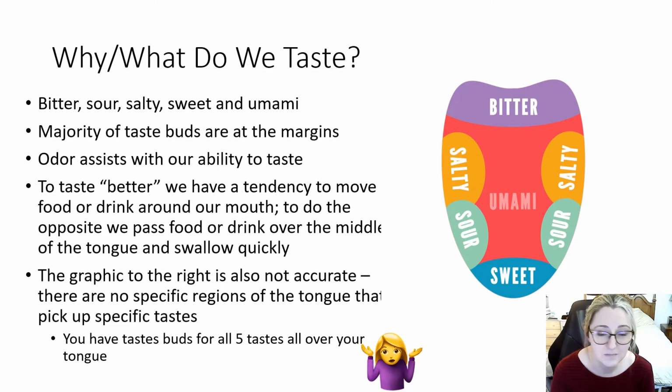So bitter might be at the back of the tongue, umami might be down the middle, sweet is at the tip. It just isn't necessarily very clear whether or not this is all true, because there are taste buds that pick up these various tastants all around the tongue. It isn't just specified to one area.